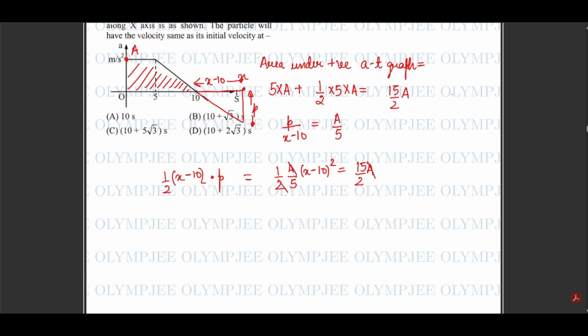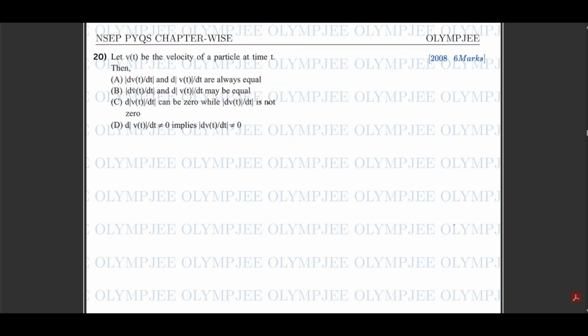So cancelling this, it will give us that x minus 10 is equal to root 75, which is equal to 5 root 3, so x is equal to 10 plus 5 root 3. Option C.